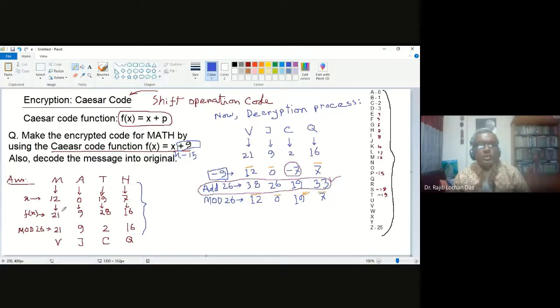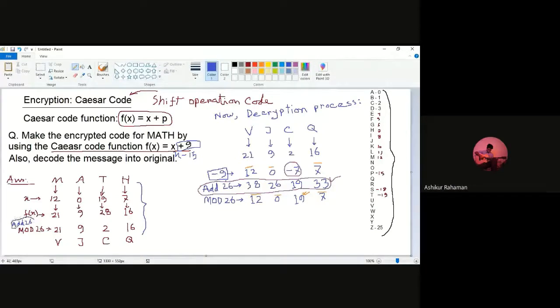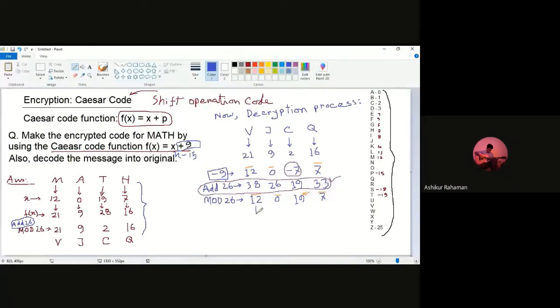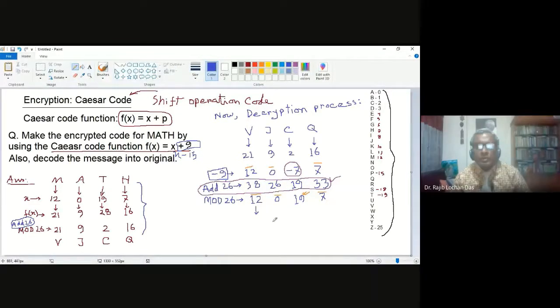So you will add 26 here. Do you understand what I say? This is the technique. Yes, sir. Then mod 26, and the next line is the letter. Sir, what is 12? You already know what is 12.